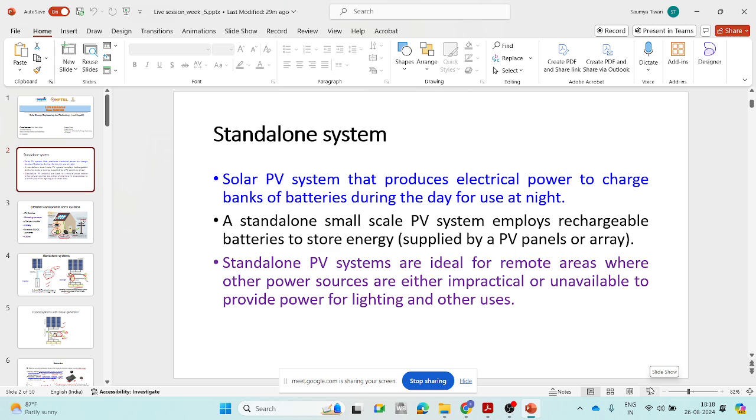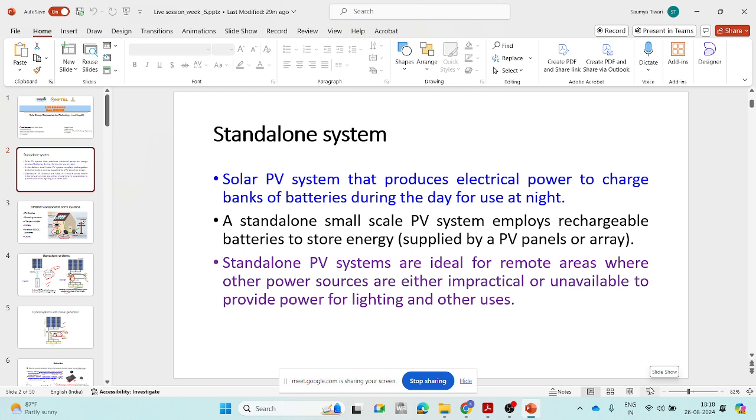And in week 5, the lecture has been all about the standalone system. So as usual, we'll go through a brief introduction of the lecture content, and at the end we'll solve some numerical problems.